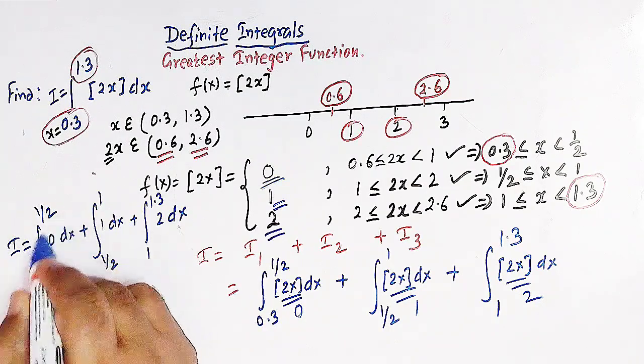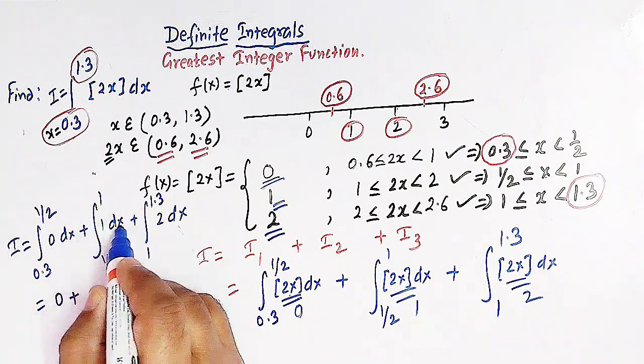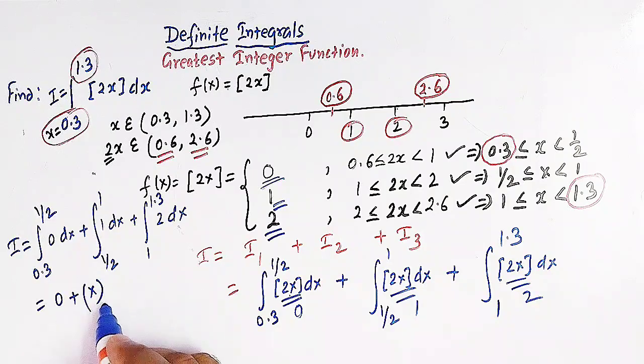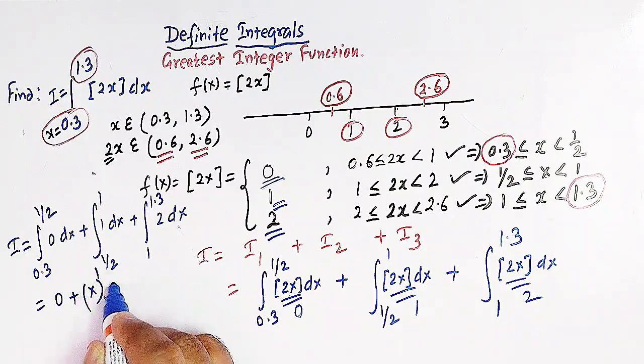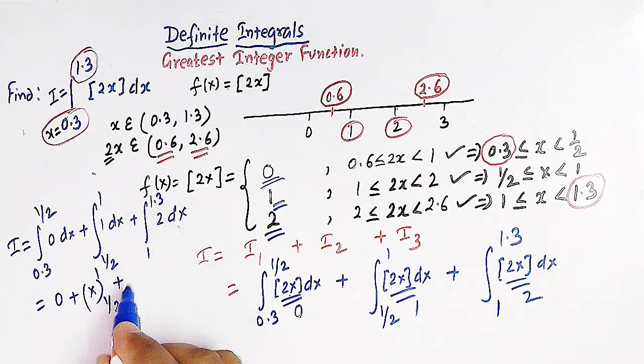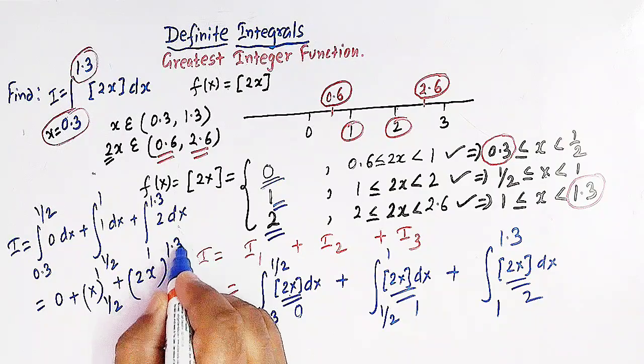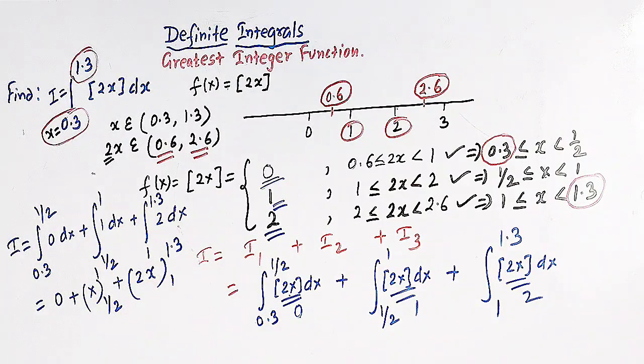And the value of this integral disappears, so here we have 0, and the integral of dx is x, and the limits are from half to 1, and here the integral of 2 dx is simply 2x, and the limits are from 1 to 1.3, right?